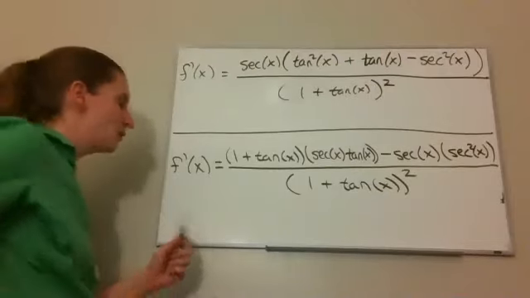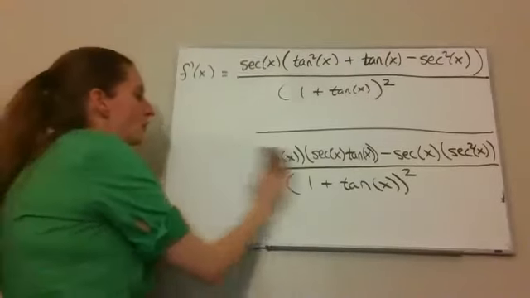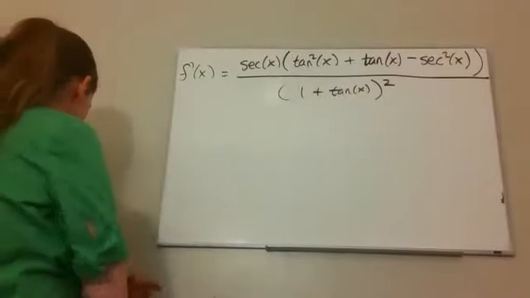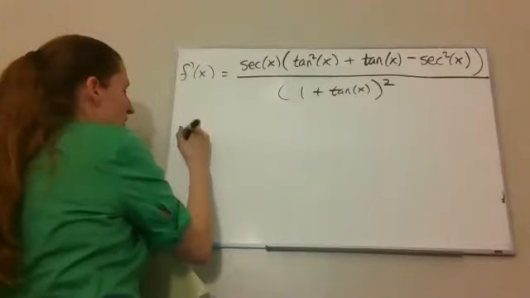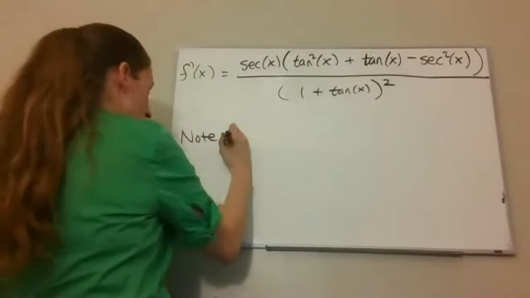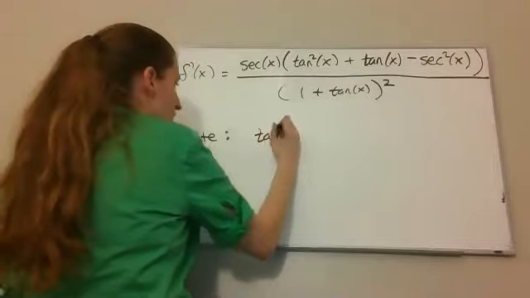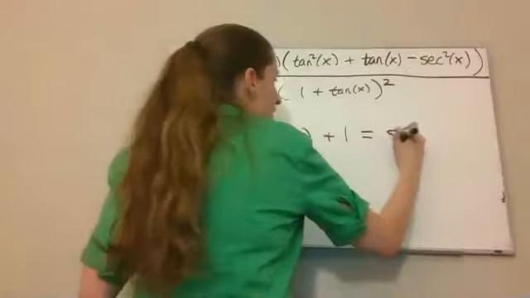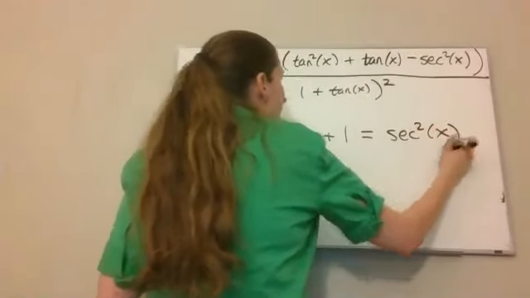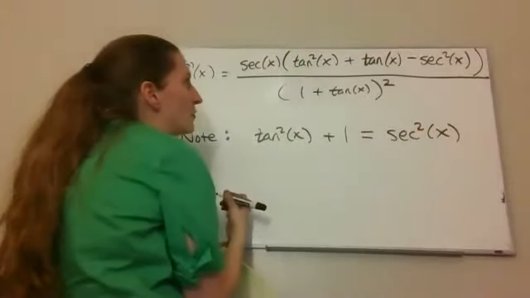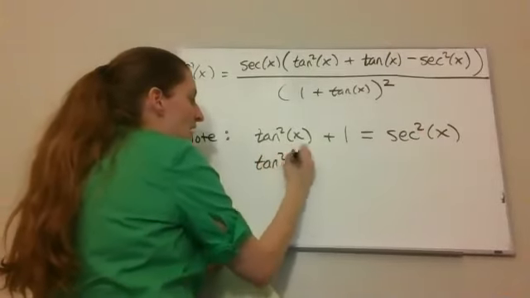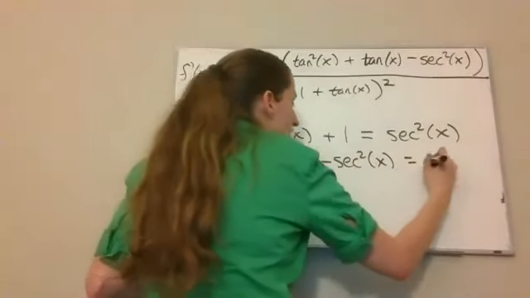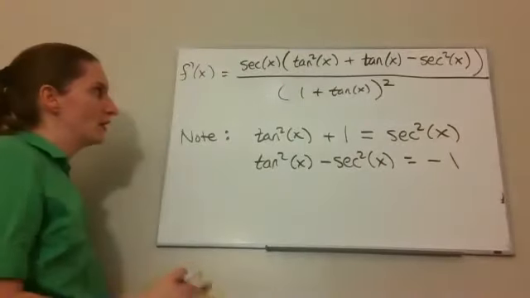And this can be simplified if you know all of your trig identities. So I'm going to do a little reminder of a trig identity for you. We know that tangent squared of x plus 1 is equal to secant squared of x. That means with a little manipulation, tangent squared minus secant squared is equal to -1.